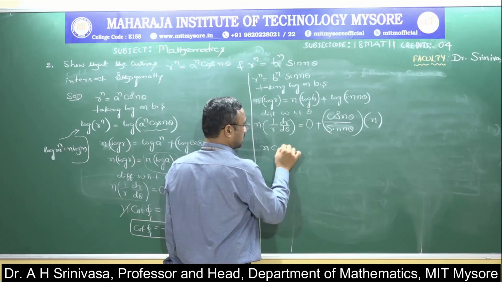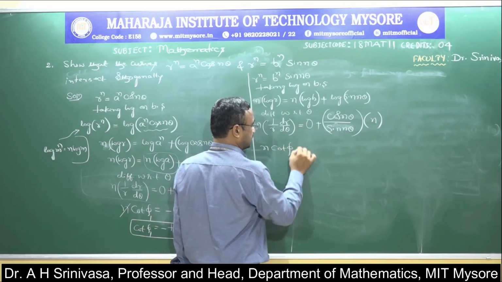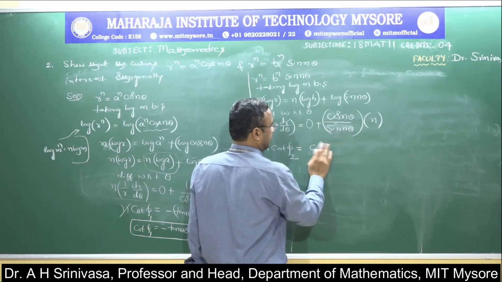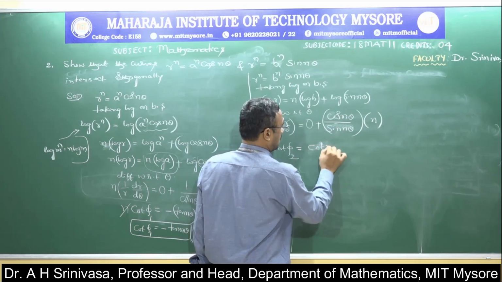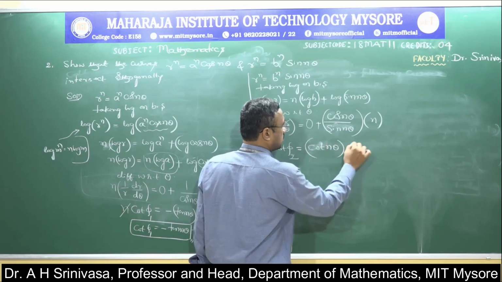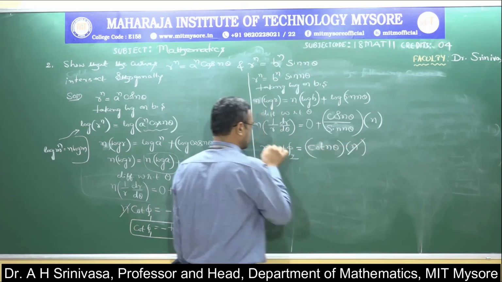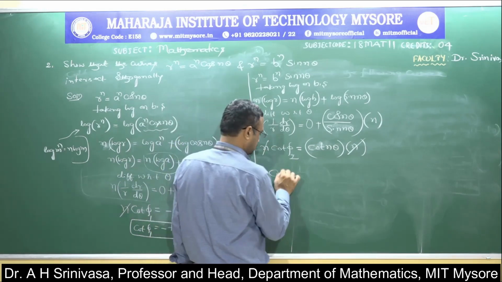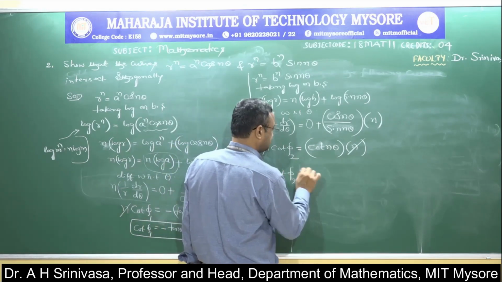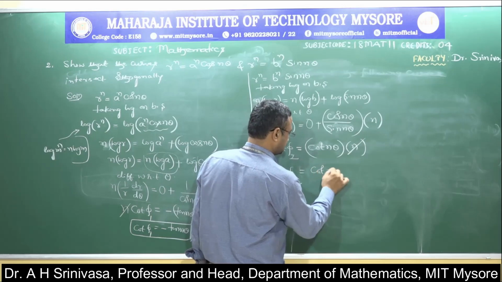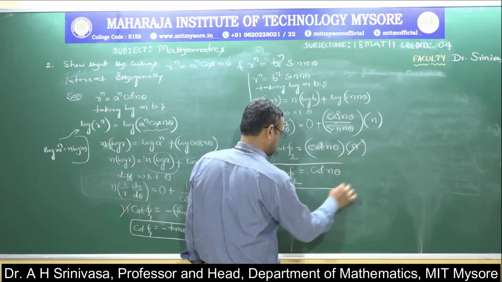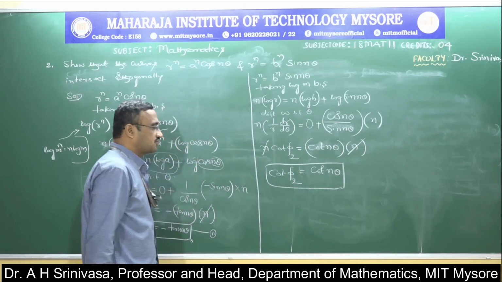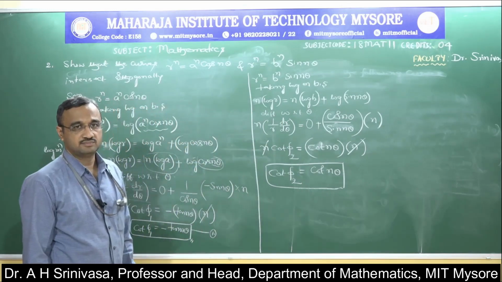Then n into, this one we call cot phi 2, cos divided by sine becomes cot n theta into n. Now cancellation of both n. Now we got cot phi 2 is cot n theta.